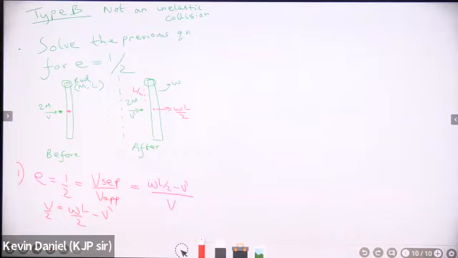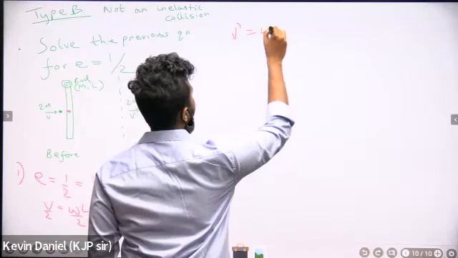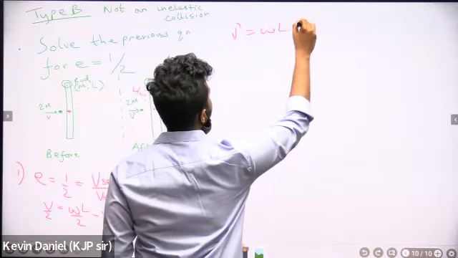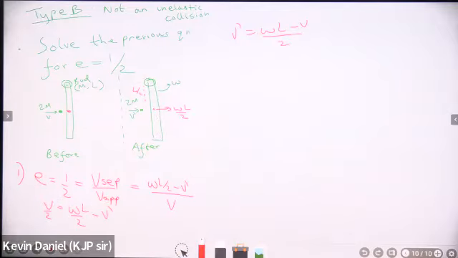So v dash हो जाएगा omega l by 2 minus v by 2. Okay, so I have v dash now. V dash is omega l by 2 minus v by 2. Right, इसको बस rearrange कर लिया.